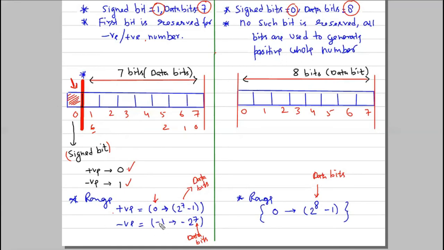So for the negative number we have chosen 1 over here, then we cannot include minus 0. There is no such thing as minus 0. So the number would start from minus 1 and it will go till minus 2^7. Why? Because in this case we have chosen 1, so it will go minus 1 limit. The indexing is started from 0, so the limit is 2^7 minus 1.